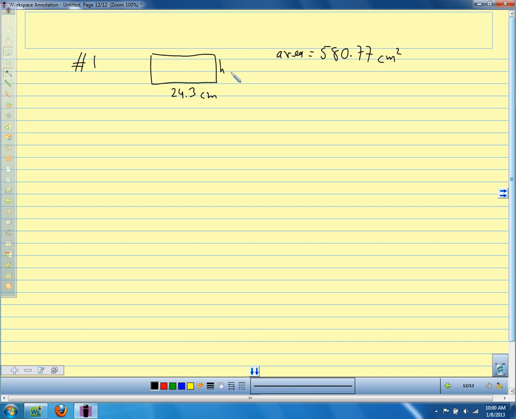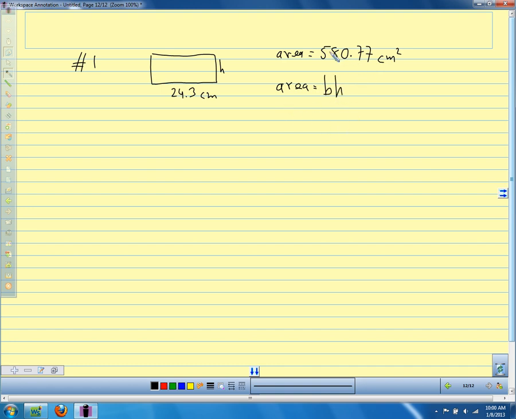So we're not just plugging our numbers into our formula, we have to do a little more work. So when you have a problem where they give you parts of the formula and you need to figure out the other parts, plug in what you know to your formula and solve for the part that you don't know. So how do we find the area of a rectangle? What's our formula? Base times height.